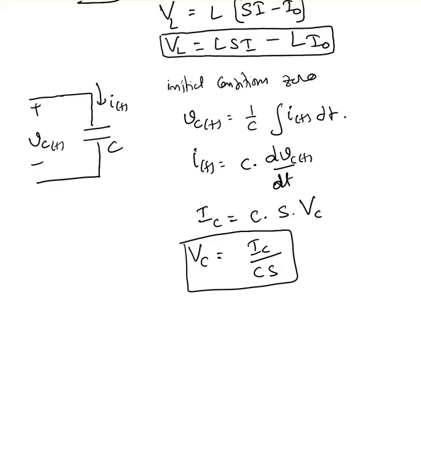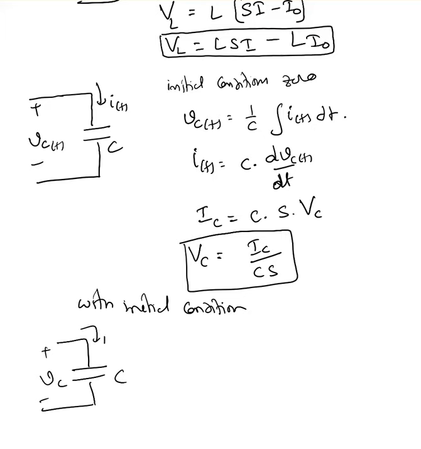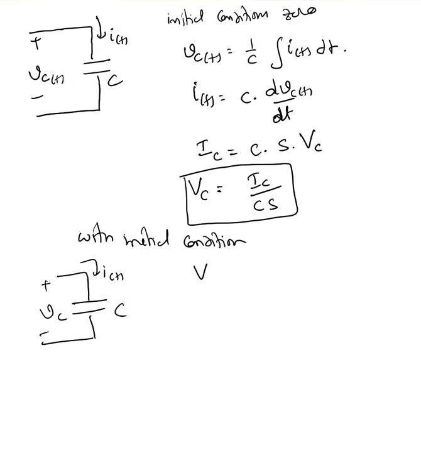Now if I have initial conditions, so initially assume the capacitor is half charged or quarter charged. So if I take it with initial conditions, here is my C, with VC and IC. Assuming it has some initial charge or initial voltage across the capacitor, I'm taking that as V naught.